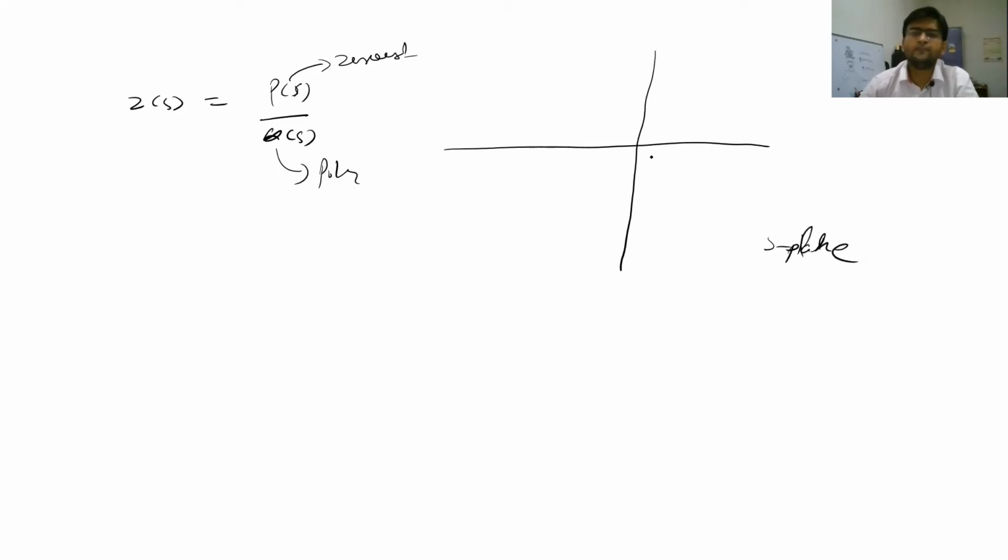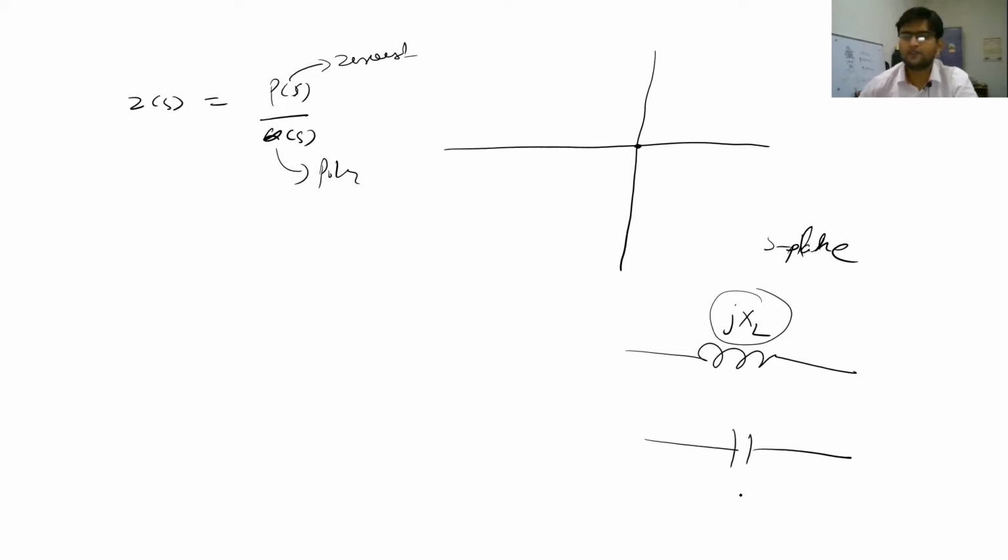So in an S-plane, if you want to represent an LC circuit, you already know that for an inductor, the value is J XL, so J is an imaginary component. Now if you take a capacitor, what is its value? Minus J XC.